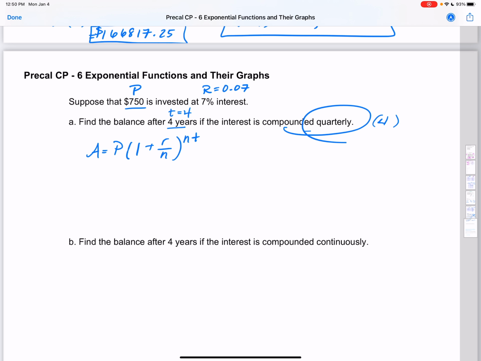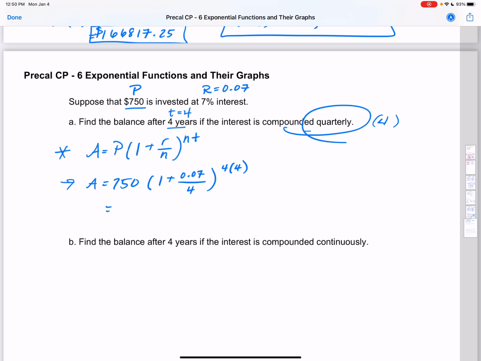All right, so the amount that we have is 750 times 1 plus 0.07 over N, which is 4, times T, which is 4 again. So that's going to be 16. So let's say we've multiplied 4 times 4 and we get 16.